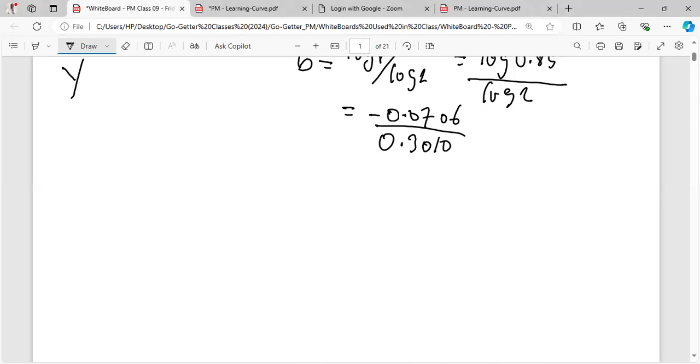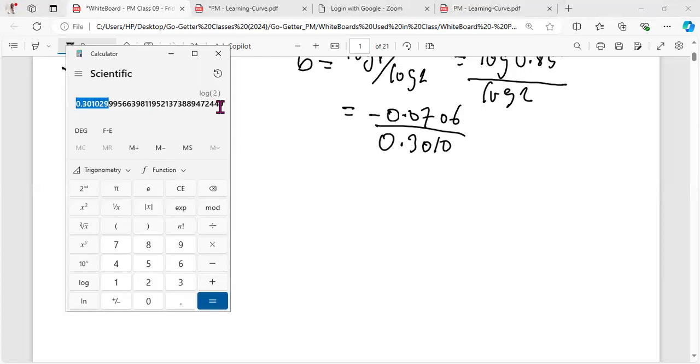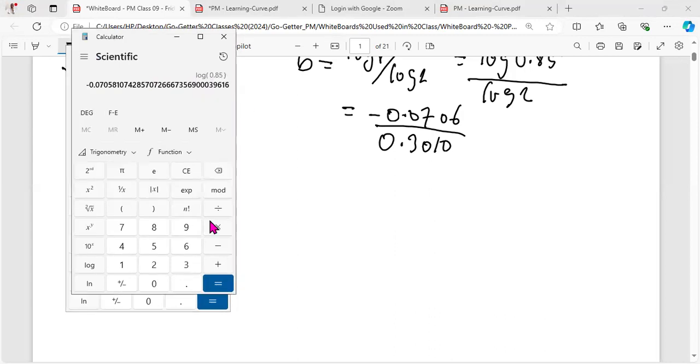So I'll go back now to this one. I'll need to copy everything here and use it in the first one. Let me copy. I'll go to the first calculator, and this is the numerator. I will divide it by the denominator.